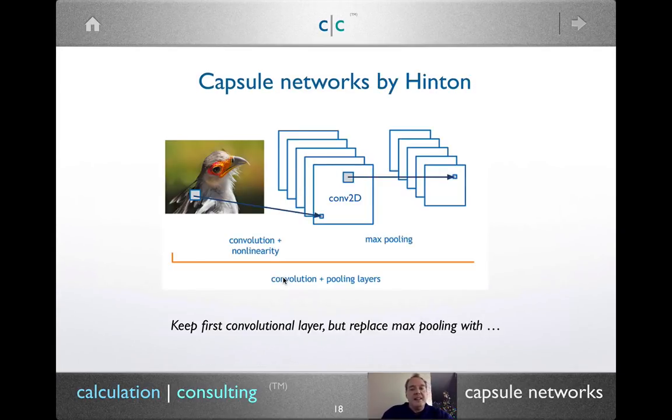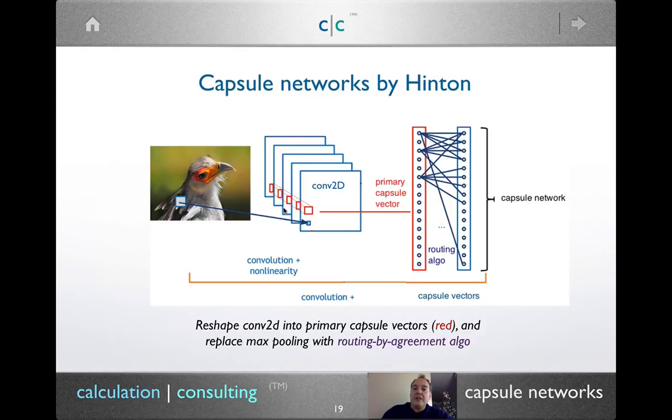So the first idea is that we have these capsule networks. We start with something like a typical convolution. We have conv2D, and then we do max pooling. We're going to keep the first convolutional layer, but we're going to replace the max pooling with a vector. We're going to take these convolutional 2D maps and reshape them. We're literally just going to say Keras reshape, and we're going to get primary capsule vectors.